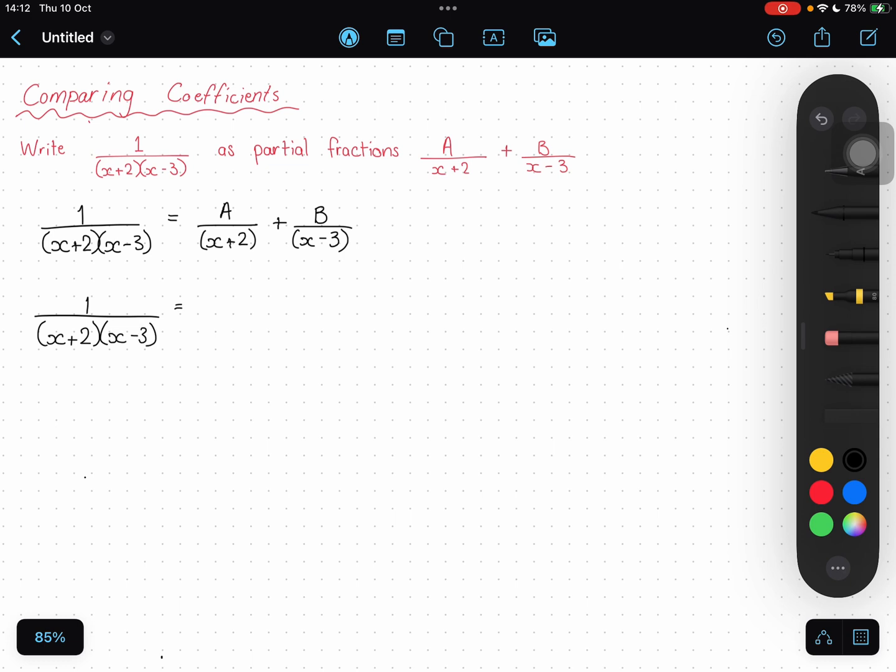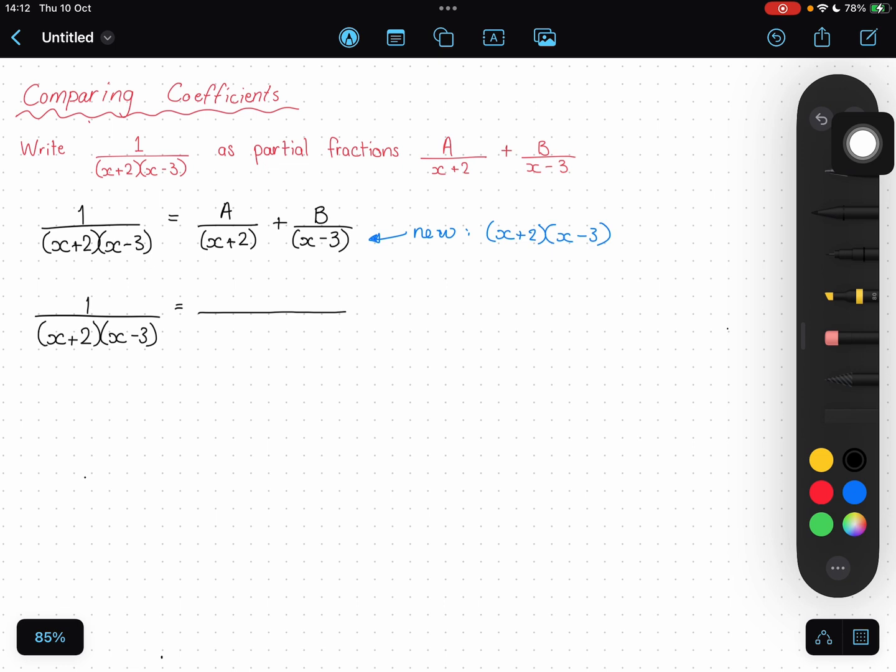If I wanted to come up with a common denominator here, the new denominator would be x plus 2 times x minus 3. Now, this is not by chance that it is the exact denominator that they wanted us to have.